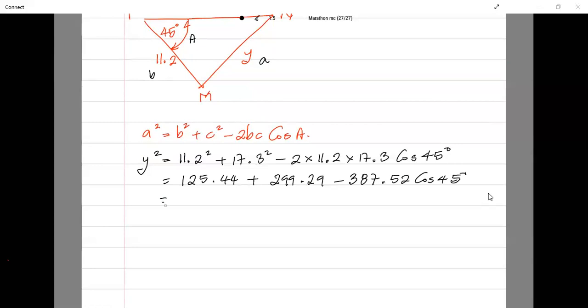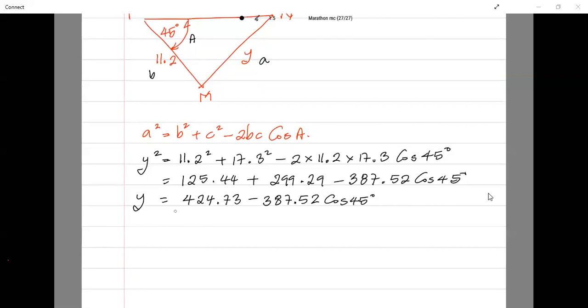This is 424.73 minus 387.52 cosine 45 degrees. This is Y squared.